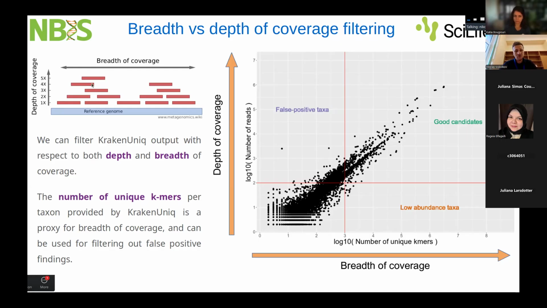But for people doing metagenomics, it turns out that breadth of coverage is a more important metric than depth of coverage. Often when you do metagenomic analysis and look at the alignments in IGV, you might have piles of reads aligned in just a few loci.